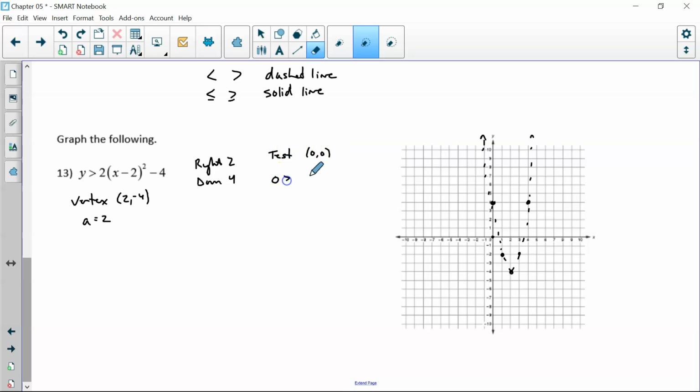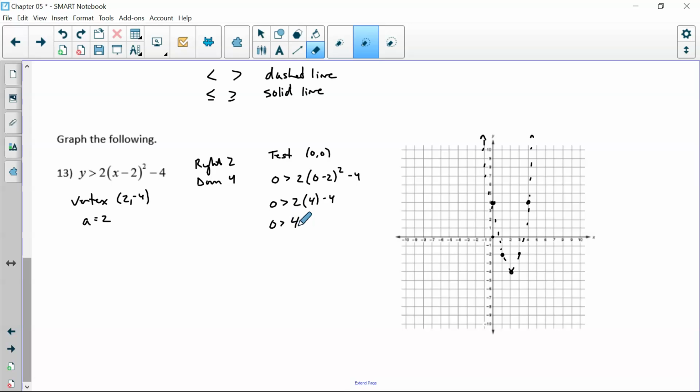So 0 is greater than 2 times 0 minus 2 squared minus 4. 0 minus 2 is -2. -2 squared is 4, minus 4. Greater than 2 times 4, which is 8, minus 4 is 4.